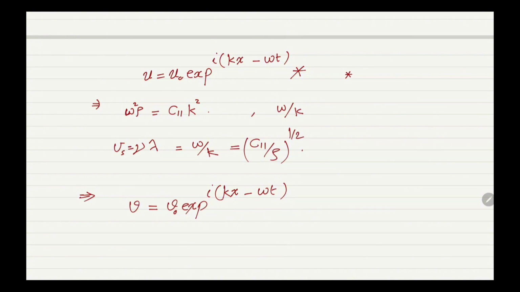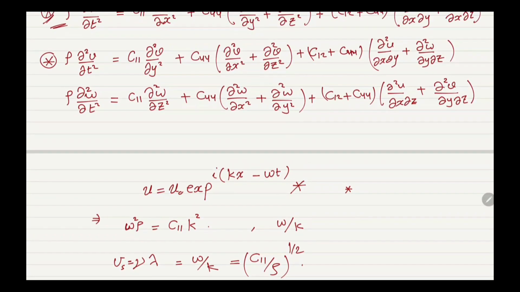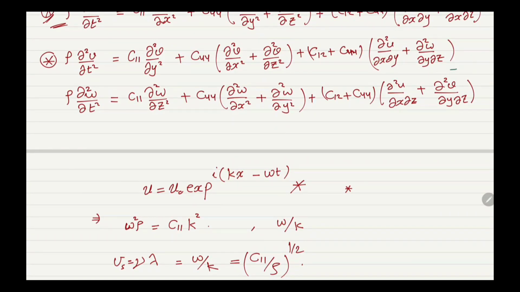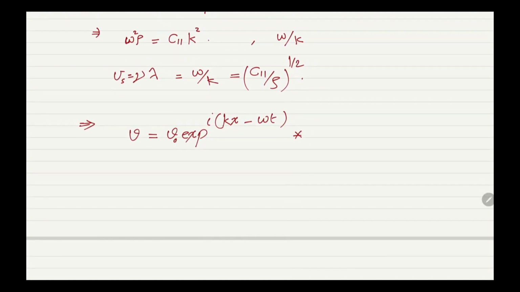Now when we substitute this one here in the second equation of motion, you will get omega square rho equal to C44 k square. Again, this is because the propagation is in the x direction, and this is the displacement in the y direction. So propagation in x direction and displacement in y direction.